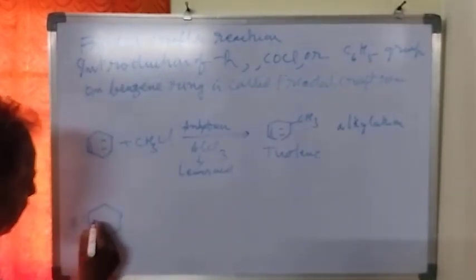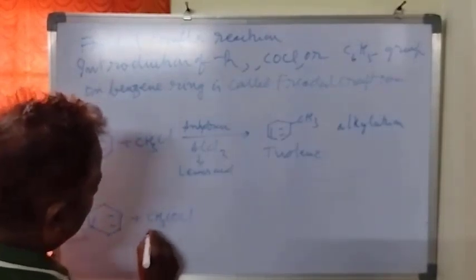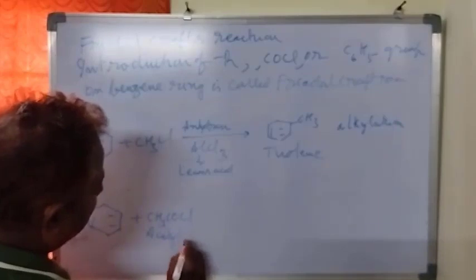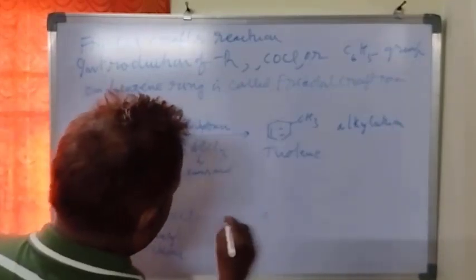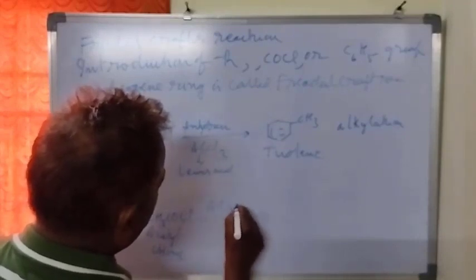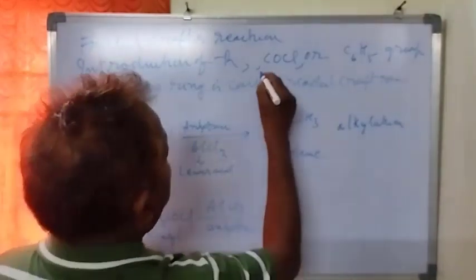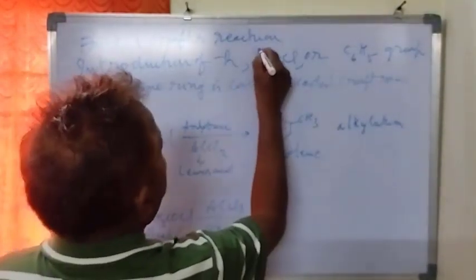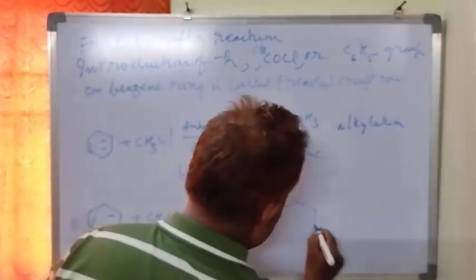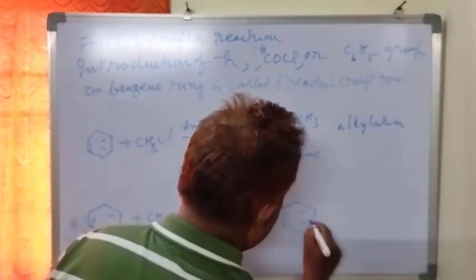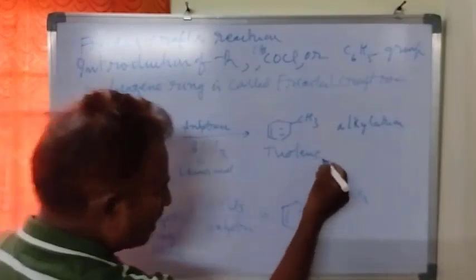Right. Now here let us take one more. This is a benzene ring plus CH3COCl, acetyl chloride, in the presence of anhydrous aluminum chloride. So here, CH3CO, what do we get here? This is benzene with C double bond O CH3. This is an acetyl group.